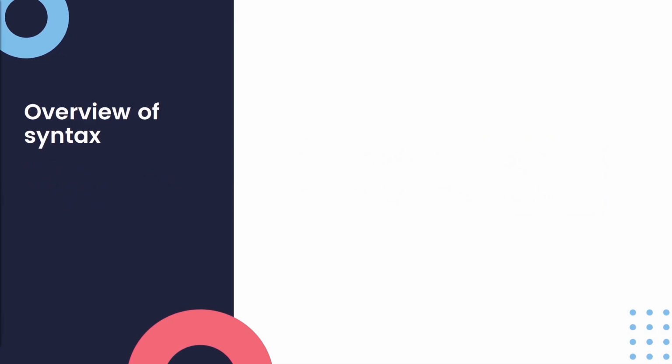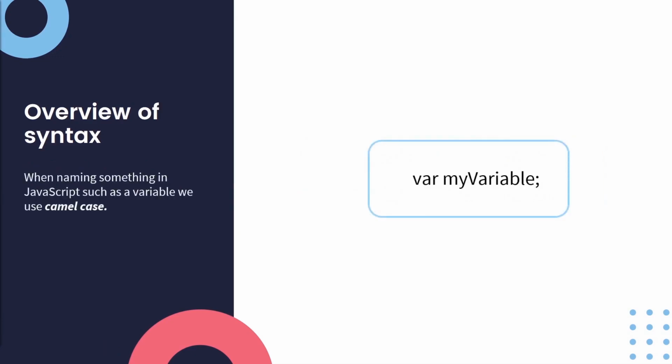Excellent. Now, one last point when it comes to the overview of the syntax in JavaScript, we always follow camel case naming conventions. Well, not always, but this is best practice for JavaScript developers or just web developers overall. Camel case is essentially what we have here in this one line of code where we say var myVariable. You don't have to know all the background details because we will be working with variables in future. But essentially we are creating a variable called myVariable.